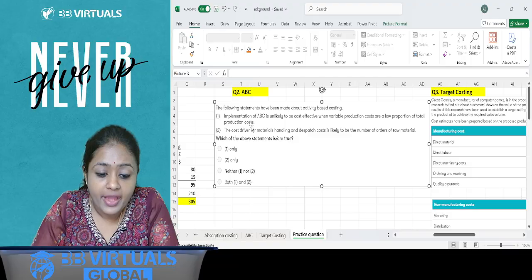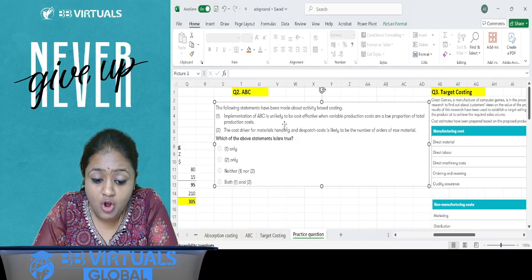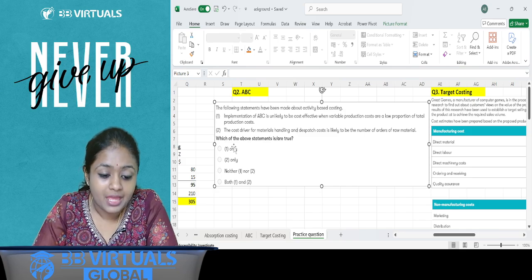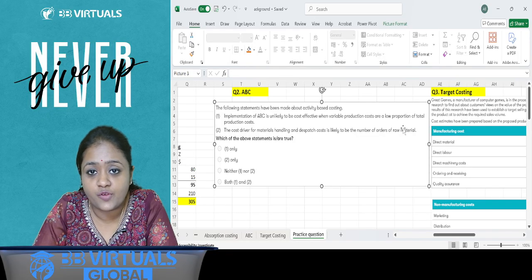Implementation of ABC is not likely to be cost-effective if variable production costs are a low proportion of total production cost. How would it matter? If they are a low proportion, that means overhead is a large proportion. So then you have to think, will it be very cost effective or not? The cost driver for material handling and dispatch cost is likely to be the number of orders of raw material.